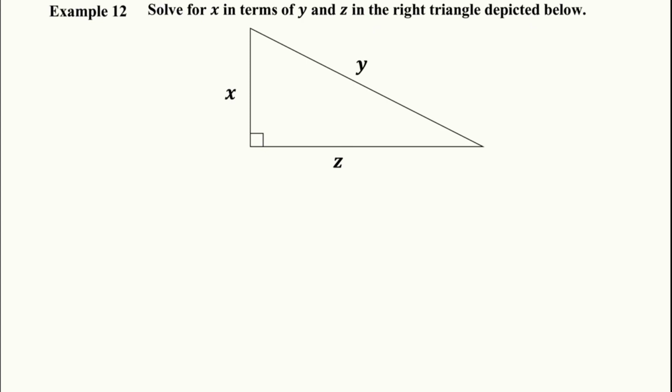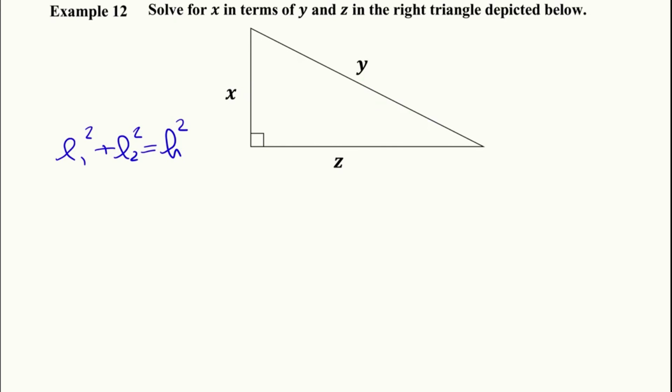All right, for our last example, we have a right triangle, and we're trying to solve for one of the sides in terms of the other two sides. So of course we know that in a right triangle, leg 1 squared plus leg 2 squared equals the hypotenuse squared.